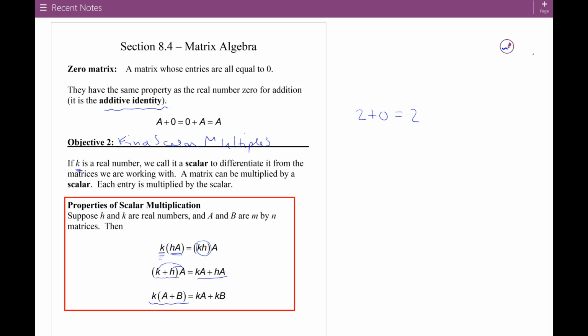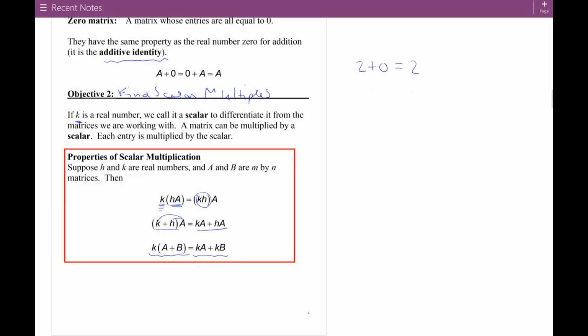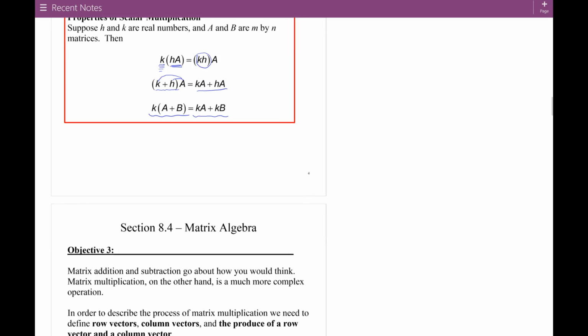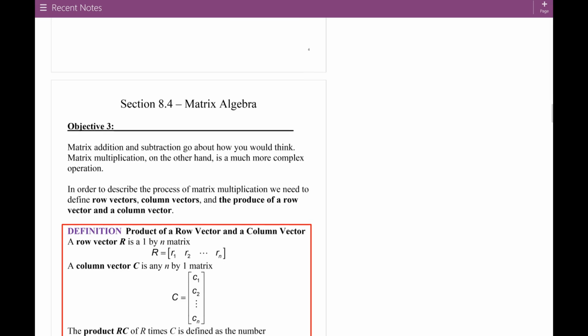Whereas this second one says add the two matrices together first and then multiply by a scalar, and you'll get the same result as if you multiply each matrix separately by the scalar. So we have to have additional properties because we have two kinds of objects, matrices and scalars, real numbers.